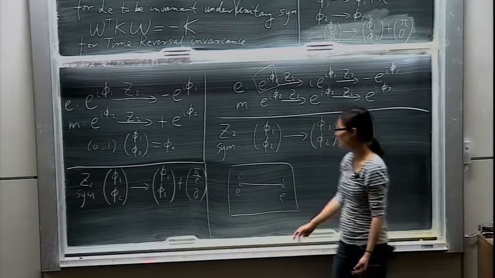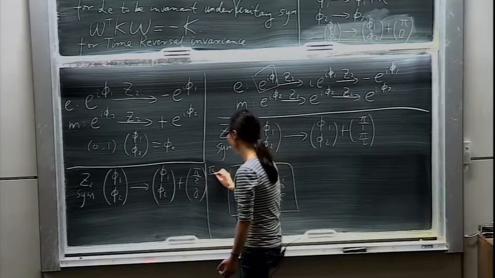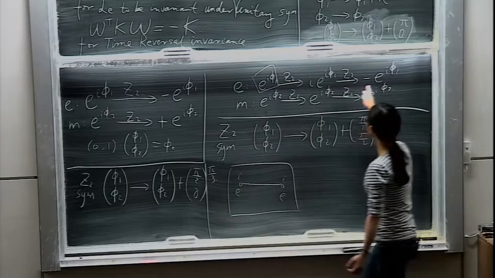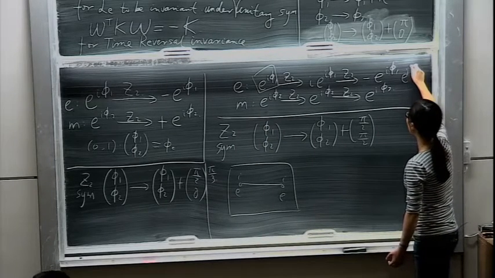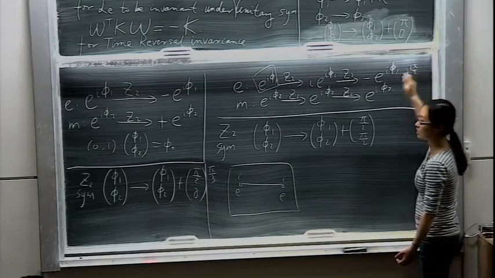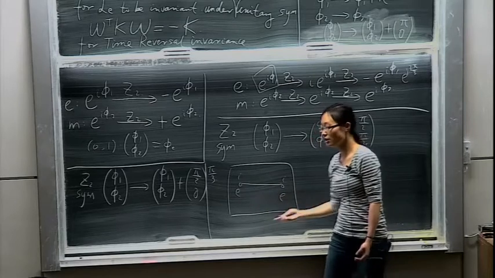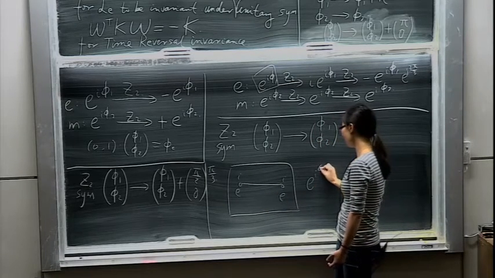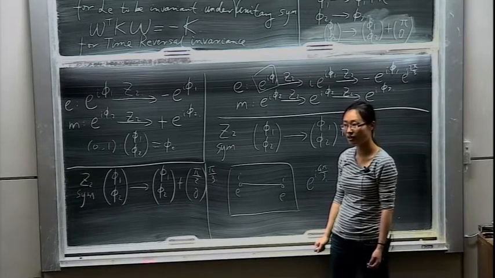Right, so if this is pi over 3, then doing Z2 symmetry twice, we would get e to the i 2 pi over 3 for one e particle, right? But then if you have two e particles in the system, it will be like e to the i 4 pi over 3, which is not a Z2 quantum number in any way.